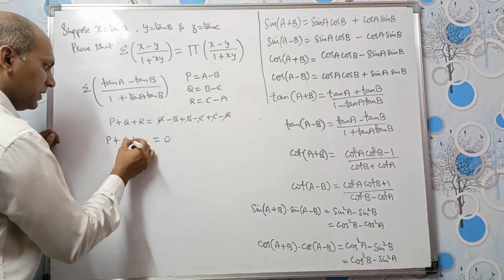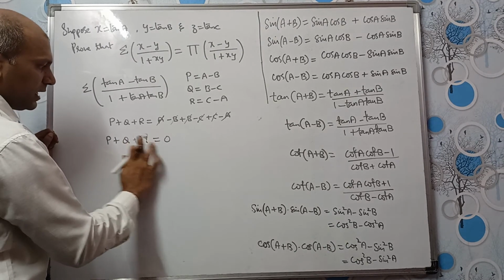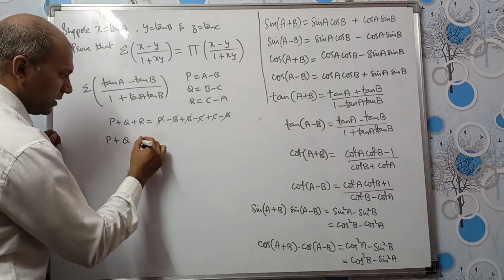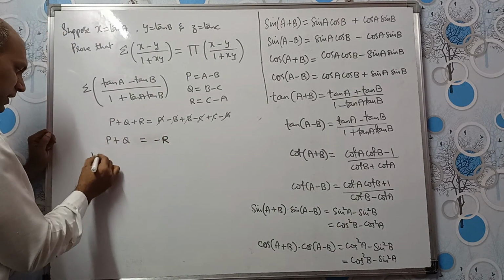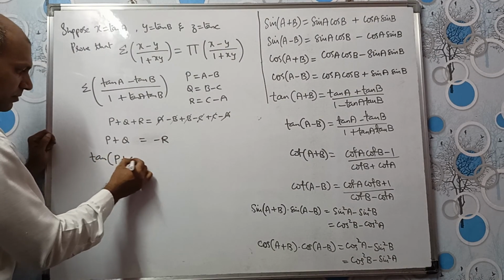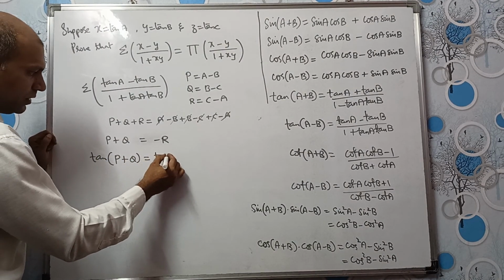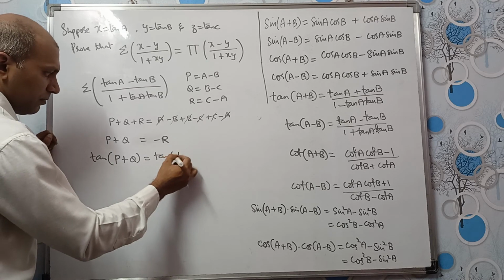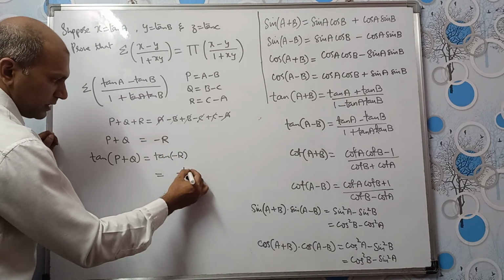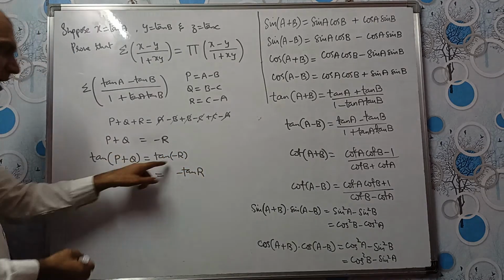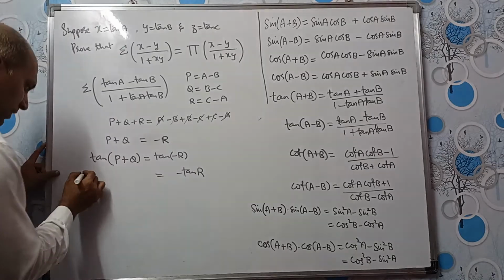So we have P plus Q plus R is equal to 0. This R goes on the other side, becomes minus R. Now if you apply tan on both sides, tan (P plus Q) is equal to tan (minus R). So this is minus tan R, right? Because tan (minus theta) is minus tan theta.